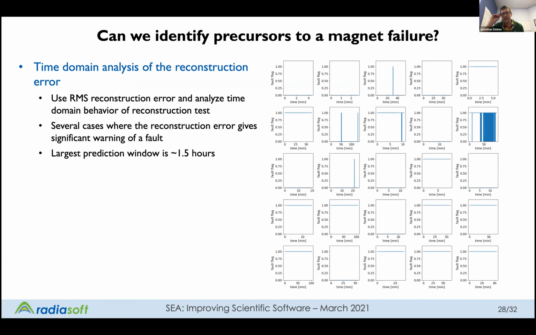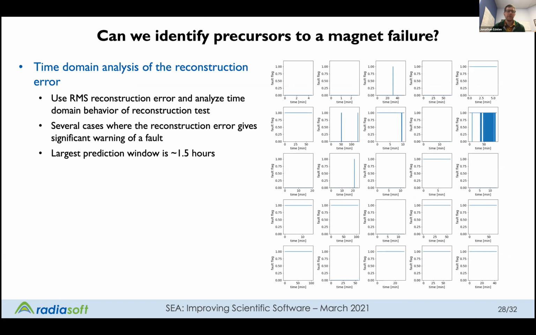So when we look at this in time series for each one of the runs, we're asking, at what point in time does the fault become obvious to the autoencoder? In some of these cases, it's very early on. In the largest case, we had a prediction window of 1.5 hours before the fault occurred, where we saw that there was a fault based on the reconstruction test failing.